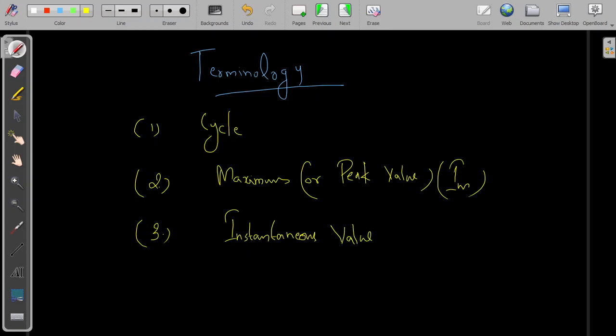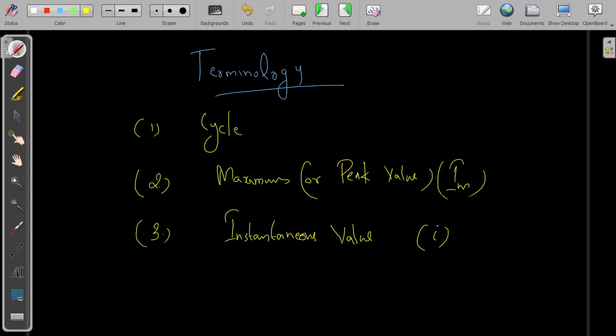Instantaneous value is denoted by the small letter i. In electrical engineering these notations are very important. This is how I will teach the AC fundamentals in my subject, and also in the next module.